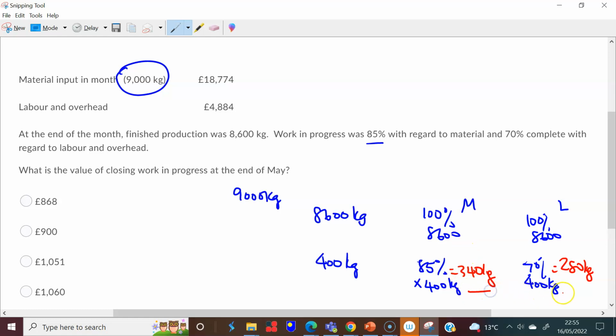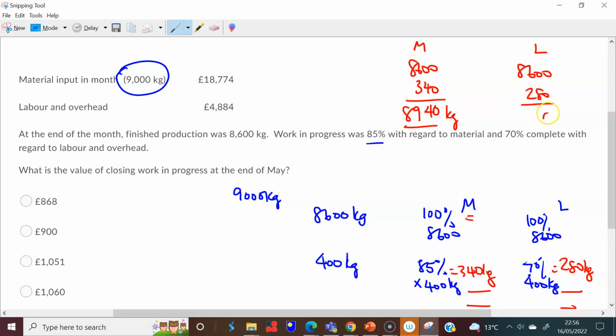So in total, in terms of completion, in terms of material we have 8,600 plus 340, so that's 8,940 complete kilograms in terms of material completion, and in terms of labor, you have 8,600 plus 280, and therefore you have 8,880 kilograms in terms of labor.